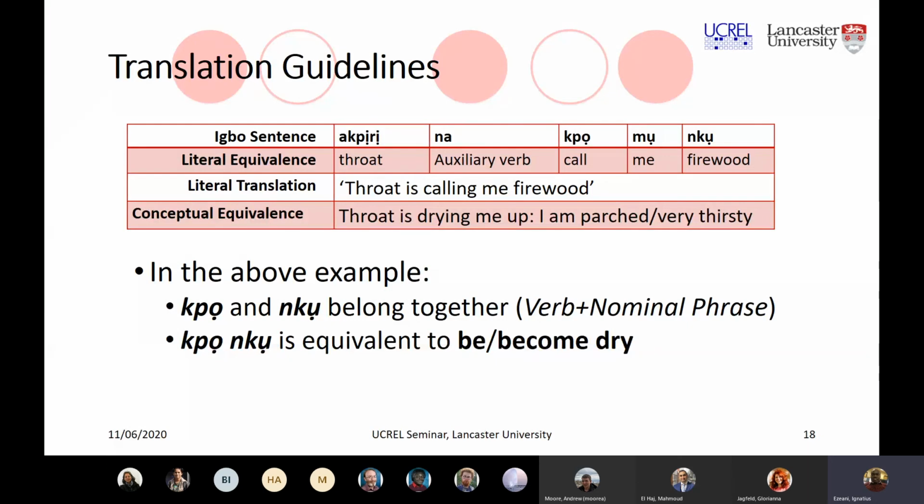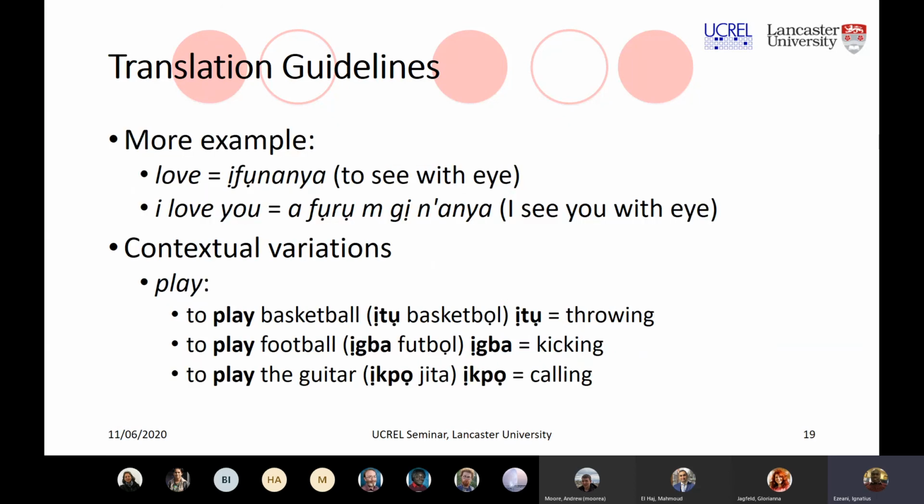But that's the way Igbo constructs that. And that's because the thirst, which is to be dry or to become dry, is represented by these two words, the verb and the nominal phrase. So we needed experts to help us get such translations correctly.